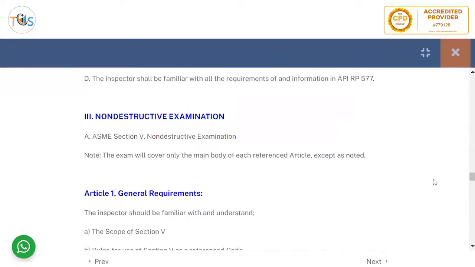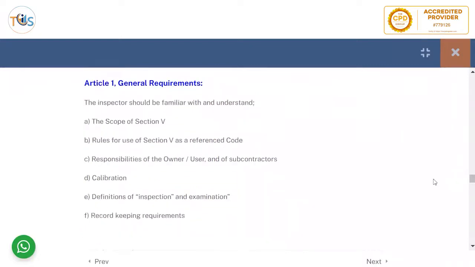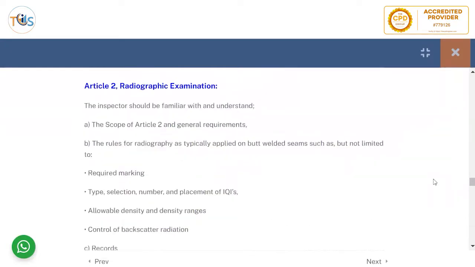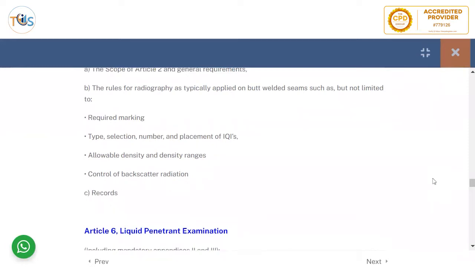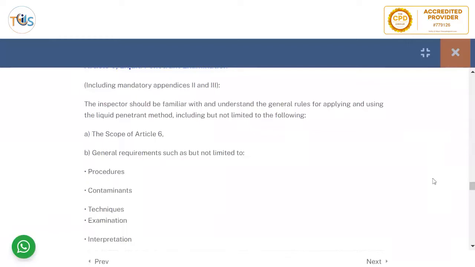Non-destructive examination, ASME Section 5. Here you should know the general requirements and the scope, calibration, record keeping. For the other methods like radiography, again, you should know about the scope, the rules, the records, the procedure, and the calibration.